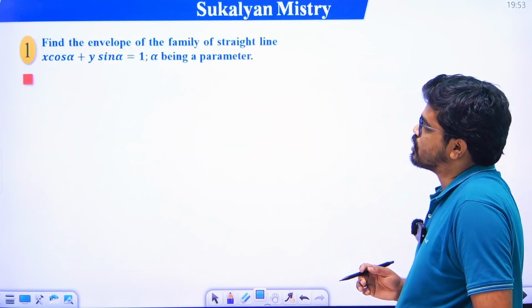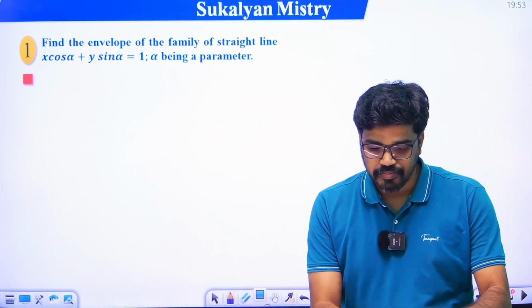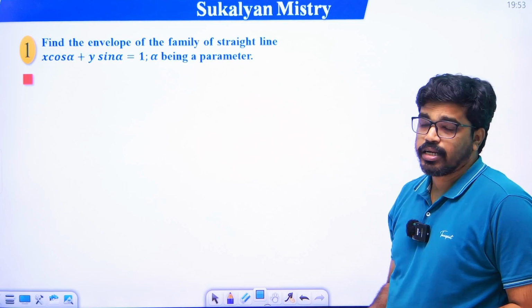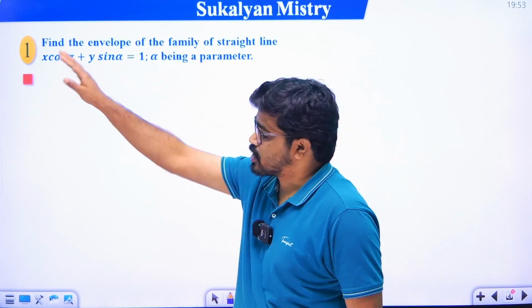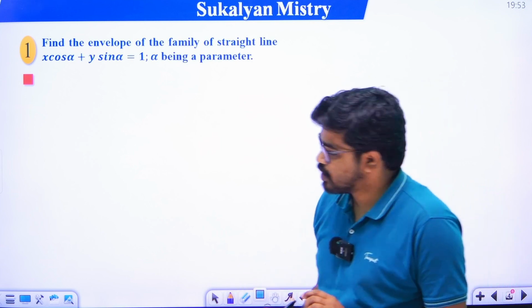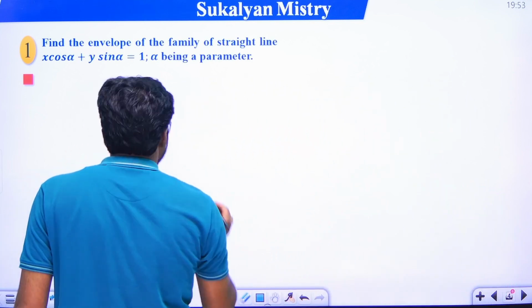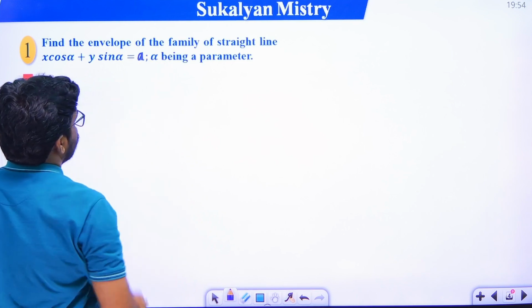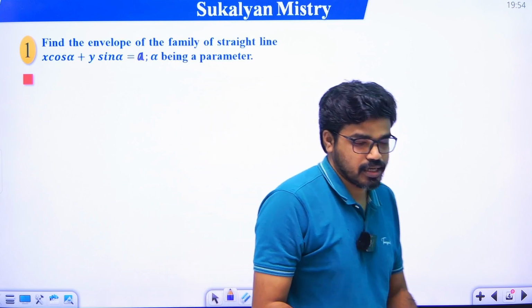So first of all, note this problem. Find the envelope of the family of straight lines x cos alpha plus y sin alpha is equal to a, alpha being a parameter.